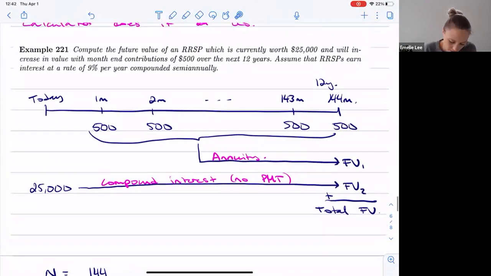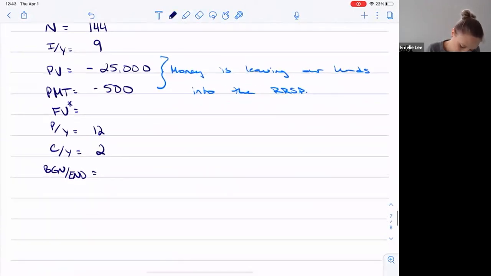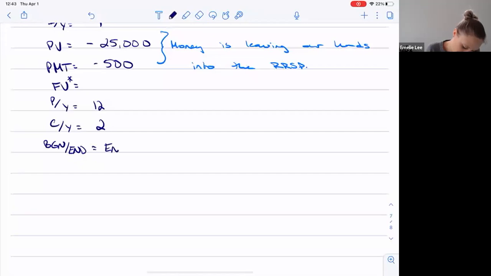So here, month-end contributions. This is also where you're going to find if it's at the beginning or the end. So month-end contributions is at the end. Okay, so the payments per year is 12, and it's at the end.